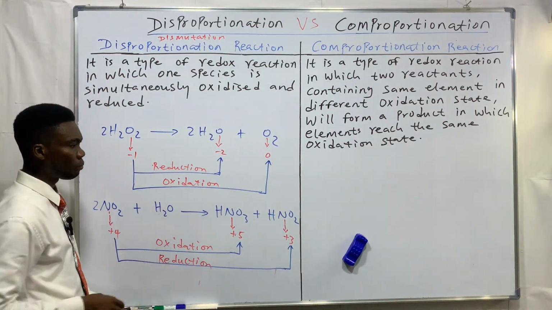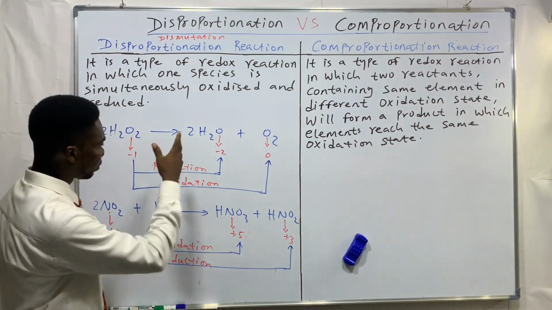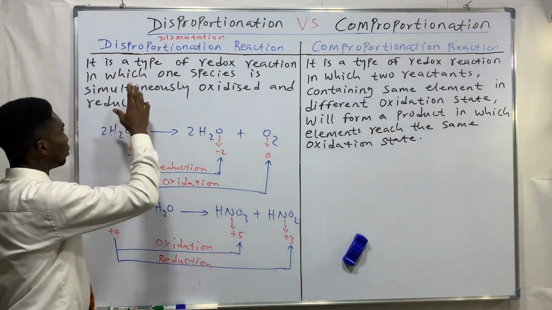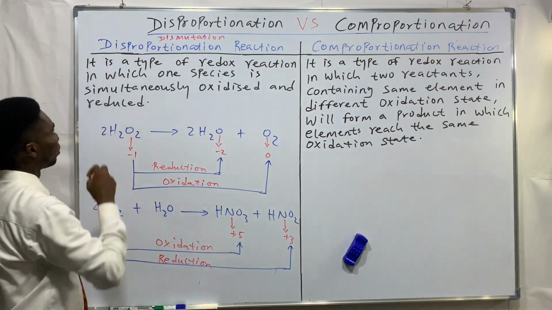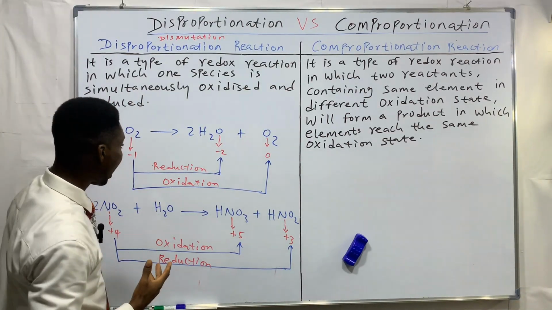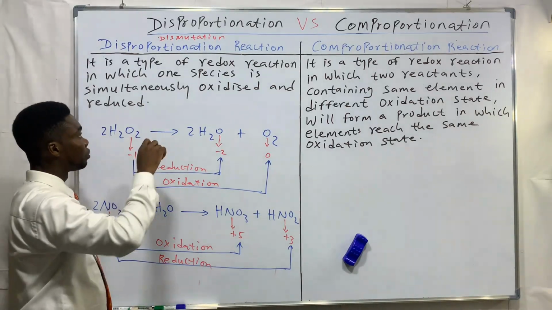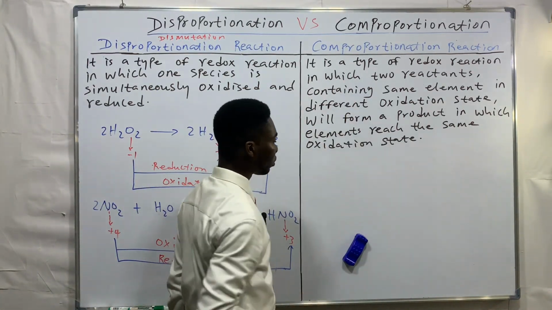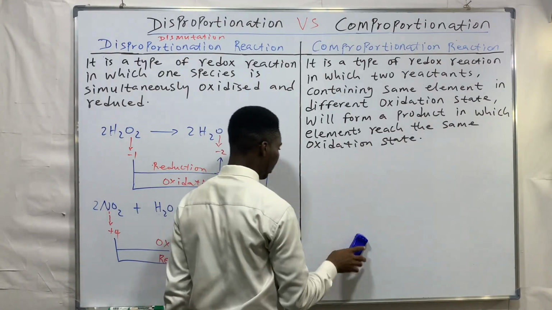So this is an example of disproportionation reaction. With these two examples, we are good to go for disproportionation. Now you must know that disproportionation reaction is the opposite of coproportionation reaction. Now let's get down with this.